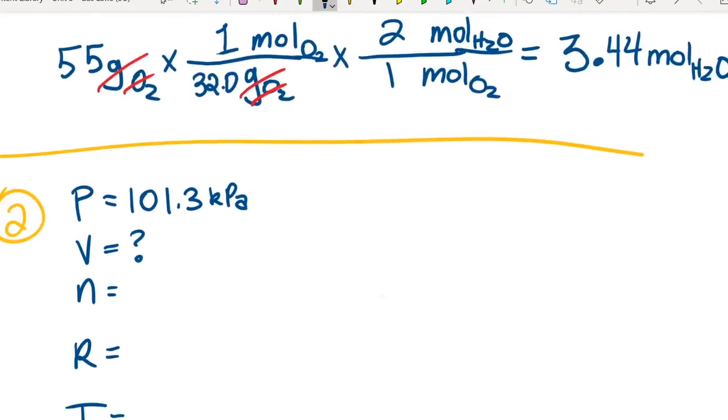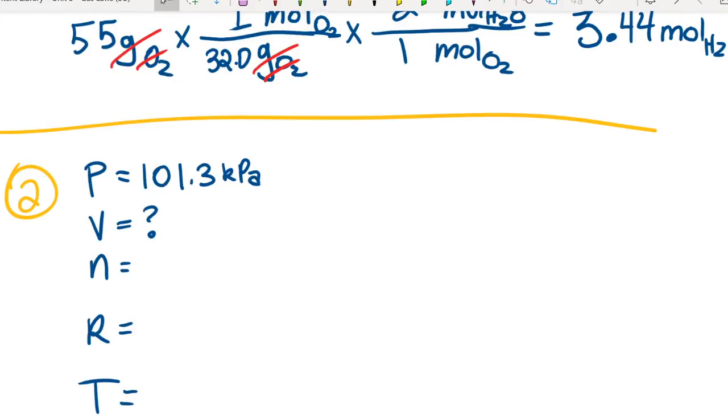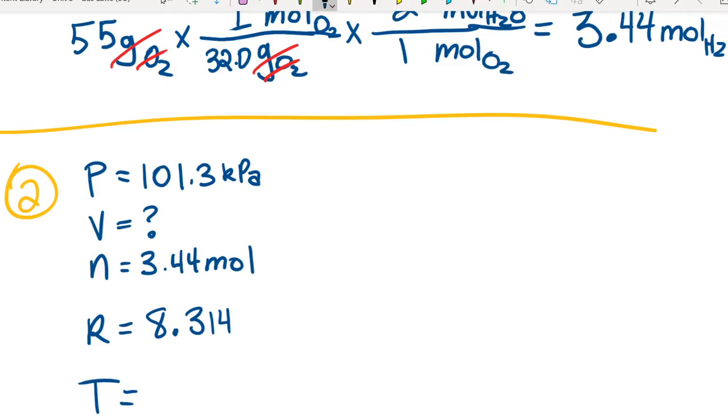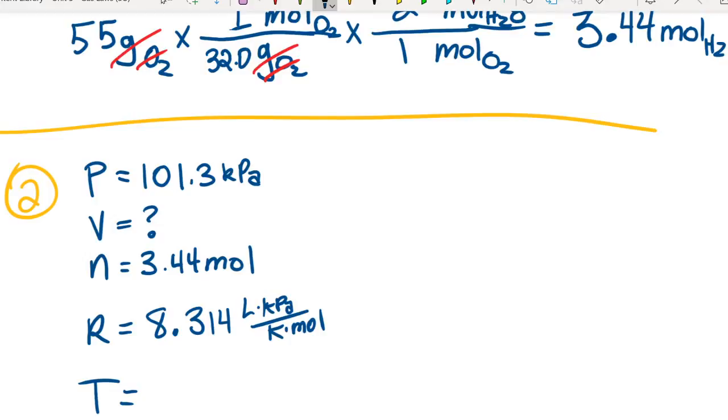Volume is what we're finding, right? What's our number of moles? Good, I love it. What's R in this case? 8.314 liters kilopascals per Kelvin mole. And temperature, it's standard temperature, which is what?